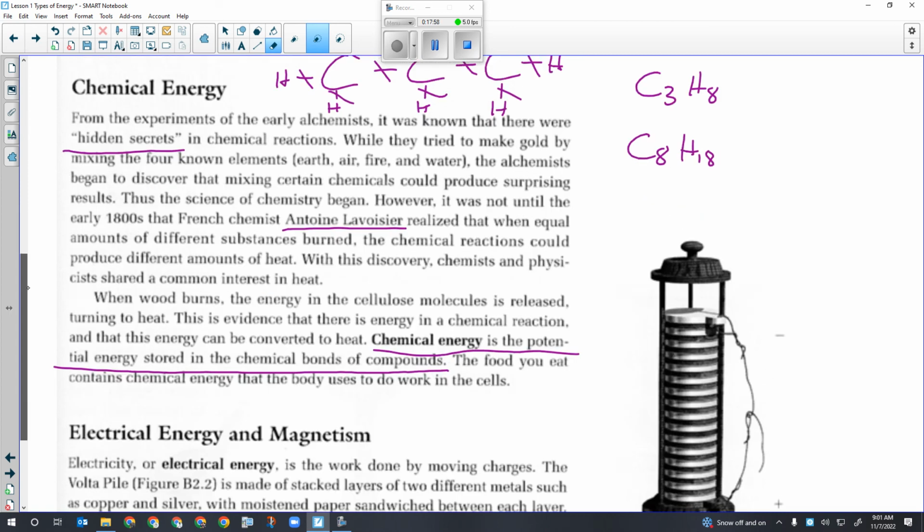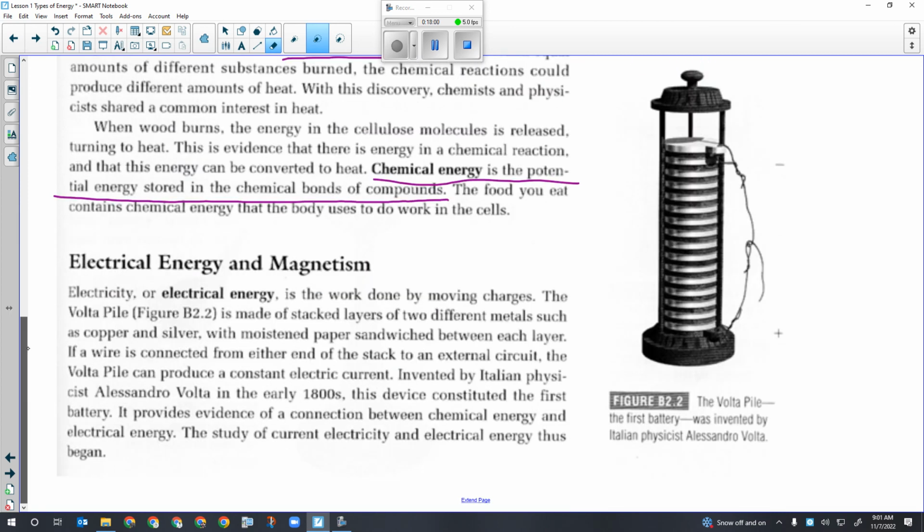All right, then we'll talk about electrical energy. Electrical energy is the work done by moving charges. So when you charge up your phone, you plug it into the wall, and electrons go through the cord and into the battery.